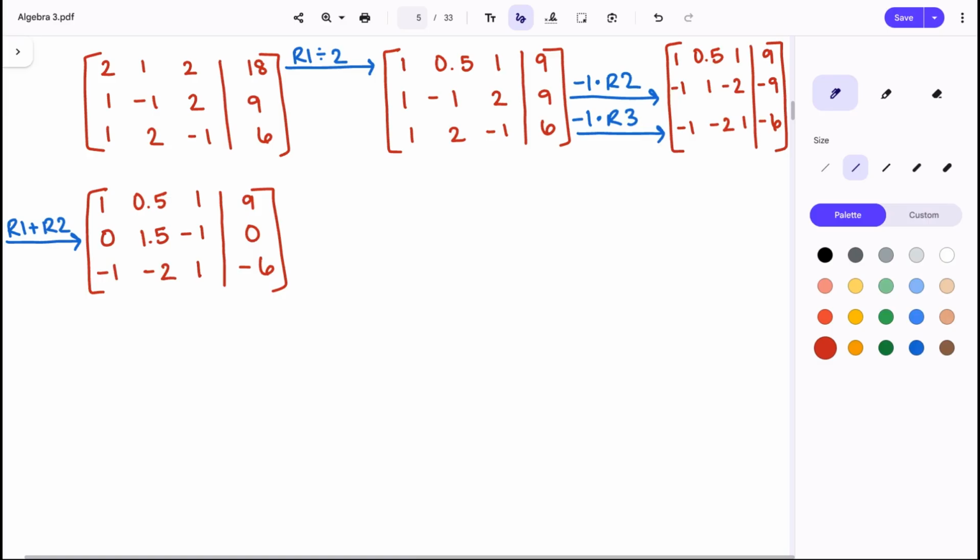All right, so I've got a 0 here now. How could I make this one a 0? Could we add again? What row should we add? So again, row 1 and 2 are staying as they are.